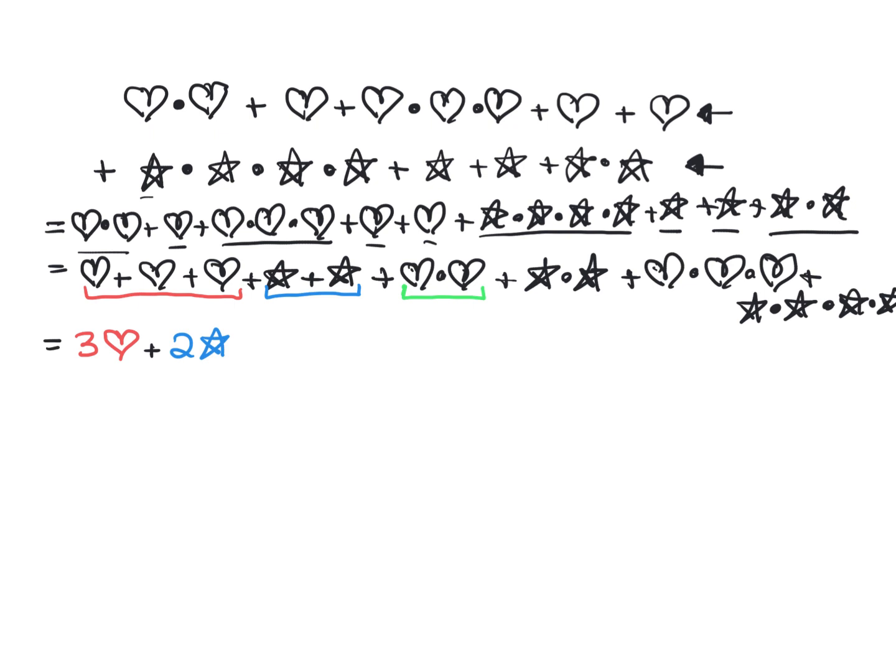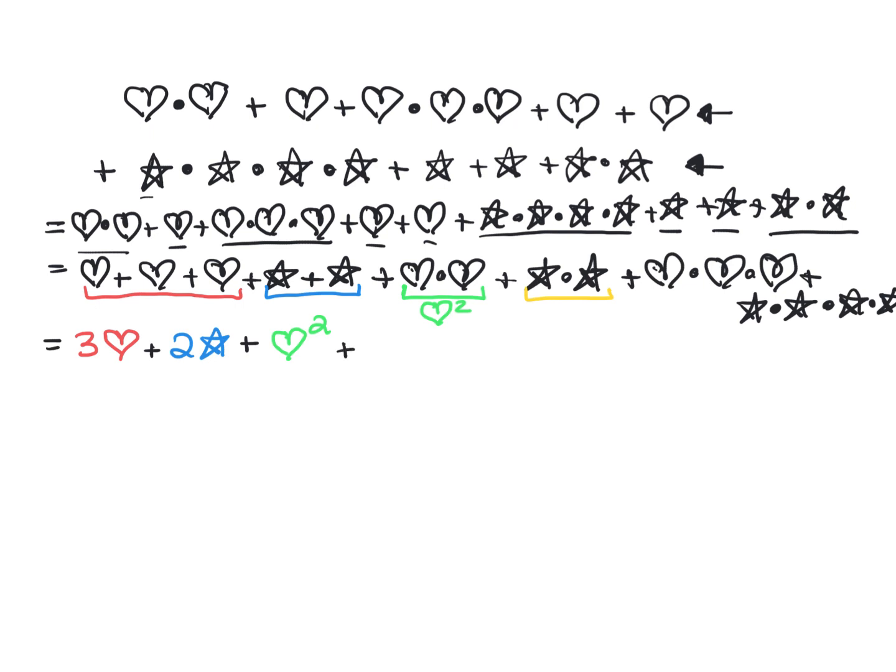Well, that's where exponents come in, right? A heart times a heart, a more compact way to write that is to write heart squared. Two like things multiplied together. The compact way to write that is to just write it as an exponent.